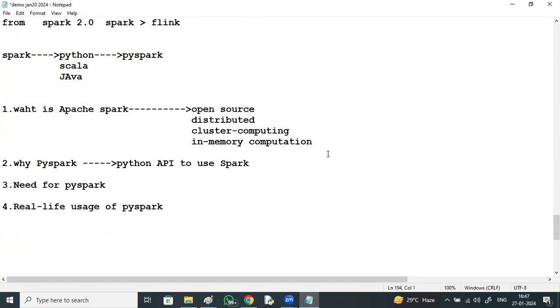So what is Apache Spark? Why PySpark? Need for PySpark. Spark is an open source distributed cluster computing framework introduced by Apache Software Foundation. It's a general engine for big data analysis, processing, and computation. PySpark is a Python API to use Spark.